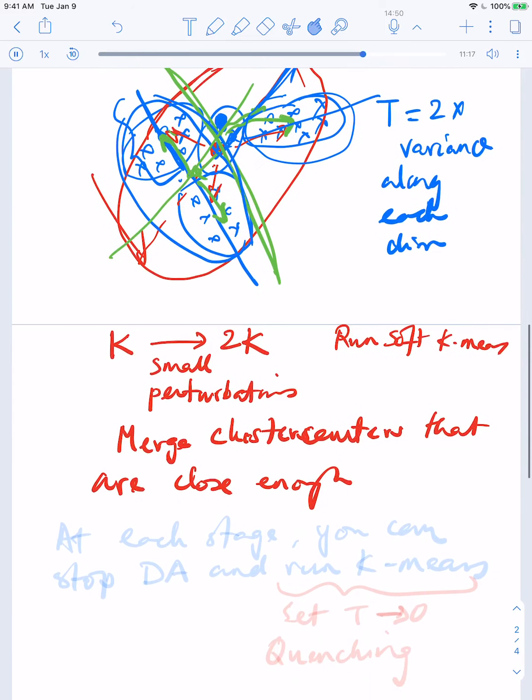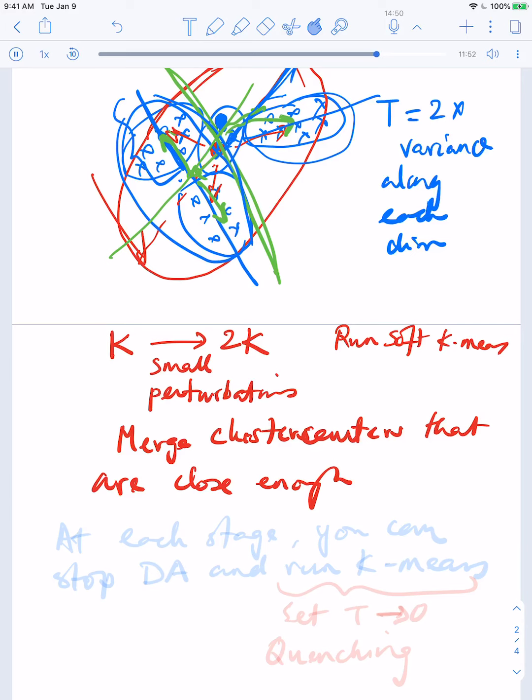So what might happen is that the 2k guys might collapse back into k, or if you are below the critical temperature, when a split happens, two of those guys might go far away from each other and split off into two clusters. If the critical temperature is attained in more than one place, you might go from k to k plus 1 or k plus 2 clusters, and slowly, as you keep reducing the temperature, more and more splits happen.